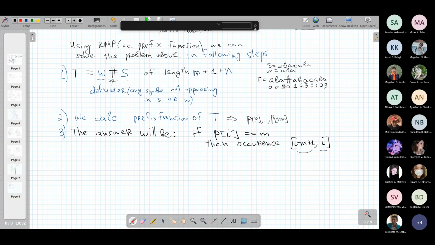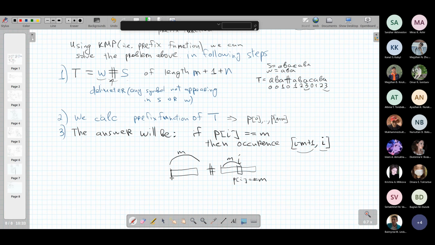Okay. So that's it. If I find pi equals m at position I in the string, that would mean that I found a suffix of that string of length m that is equal to the prefix of that string.